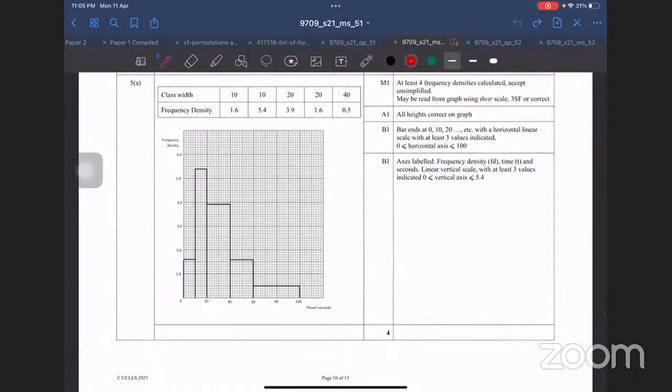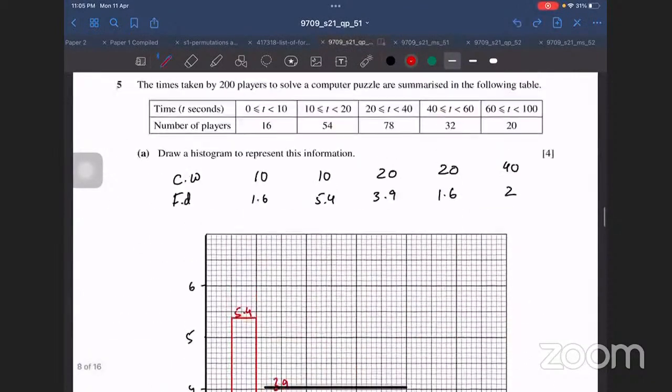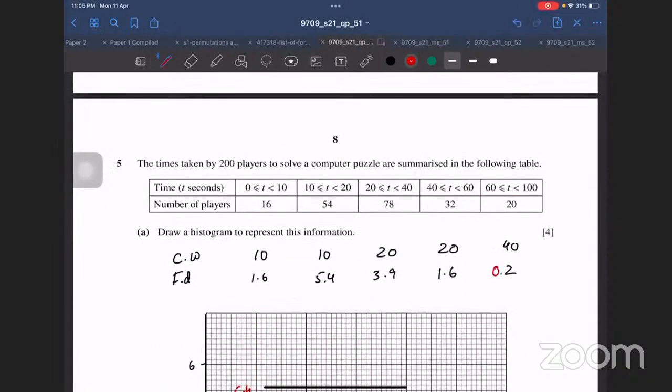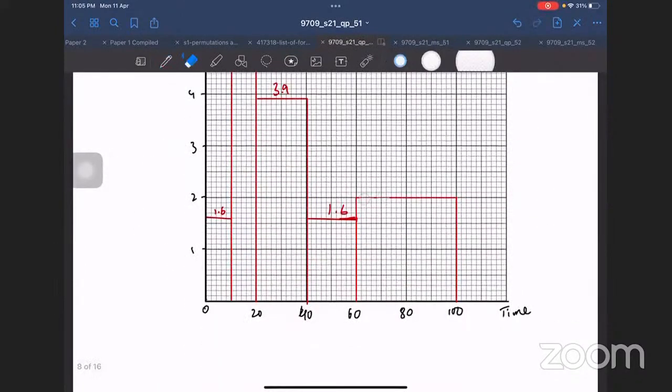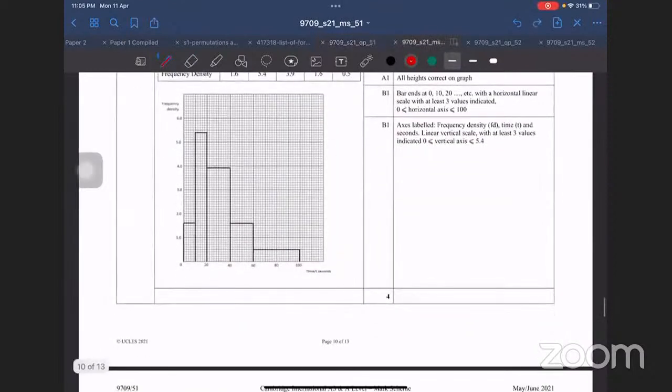I've done some silly mistake in drawing the histogram. This should be 0.5. I lose a mark there because of a silly mistake. Okay, going back. That's the correct histogram there.